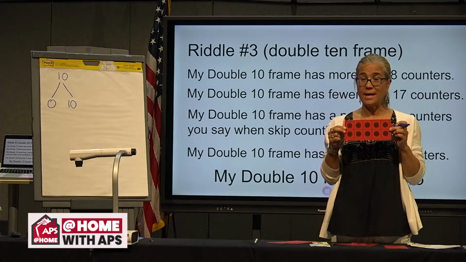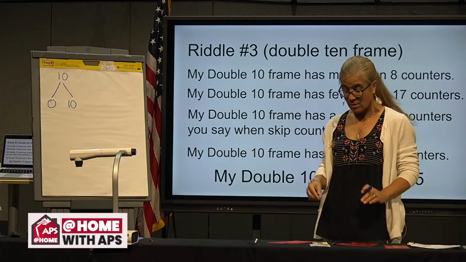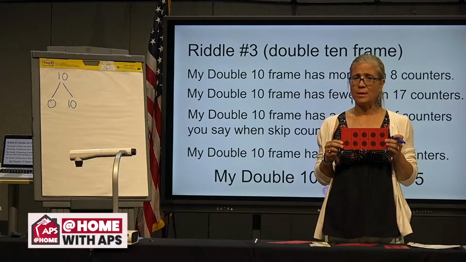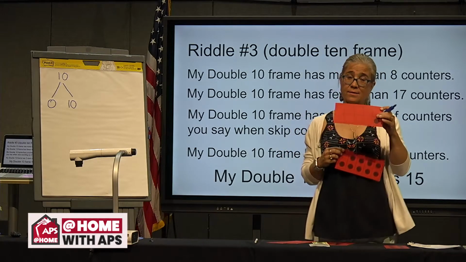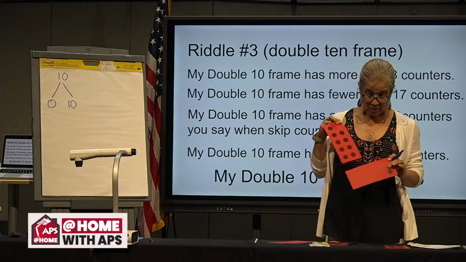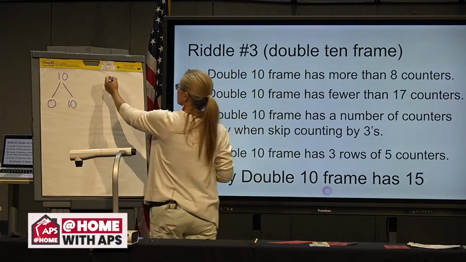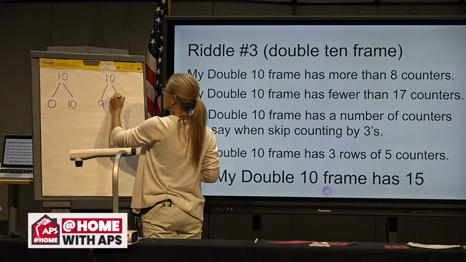If I have all 10 on my frame, how many do I need? 0. So 10 and 0 make 10. What if I have 9? How many do I need? Right, just 1. You can see it. And the opposite of that is if I have 1, I would need all 9 in order to make 10. So that's another combination. 9 and 1, or 1 and 9.